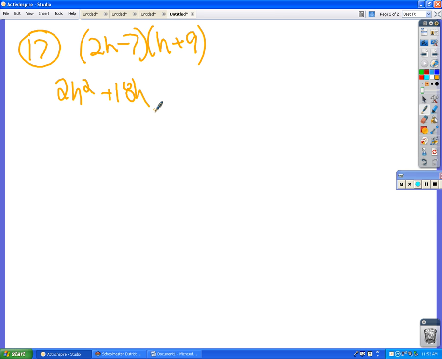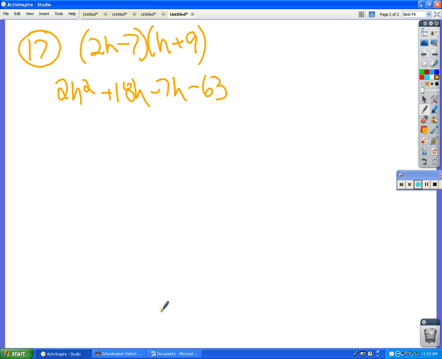Okay? Then what do I do next? Inner. And so in this case it is negative 7h, and the negative is important. And then I'm going to do the last numbers in each parenthesis. So negative 7 times 9 is negative 63. Okay? So once again, we are foiling: first, outside, inside, last.